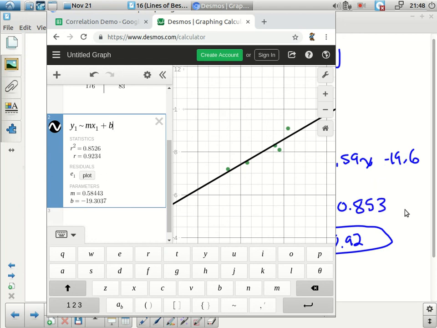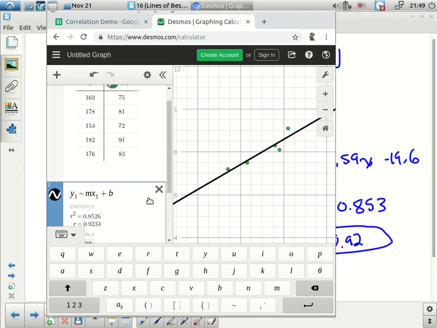So it's got an extra decimal place, but right, 0.853 rounding, and there's my value for r. Okay. And then for the parameters, for the slope, I have my 0.584 again, and I have negative 19 point, I'm guessing I copied that down wrong earlier. Okay, but it gives me all the information right there. So this is really only limited by what you remember about your equations. Okay, so there's the line.